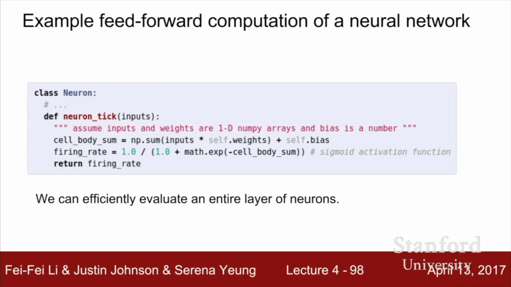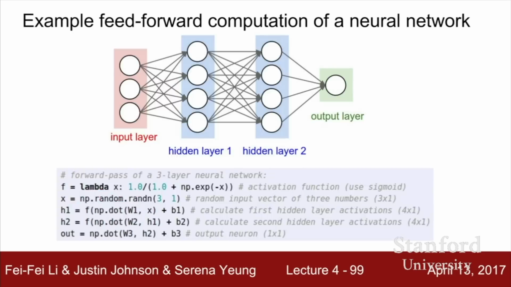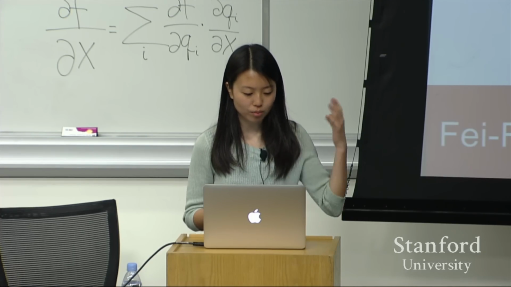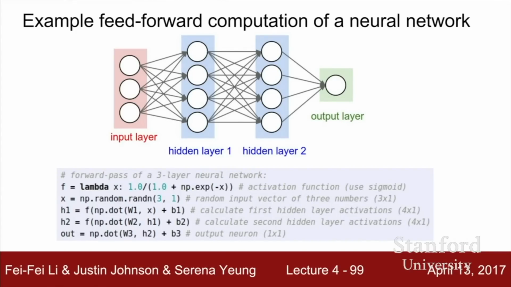And by writing it out this way with these matrix multiplies to compute our neuron values, we can efficiently evaluate this entire layer of neurons. So with 1 matrix multiply, we get output values of a layer of, let's say, 10 or 50 or 100 neurons.